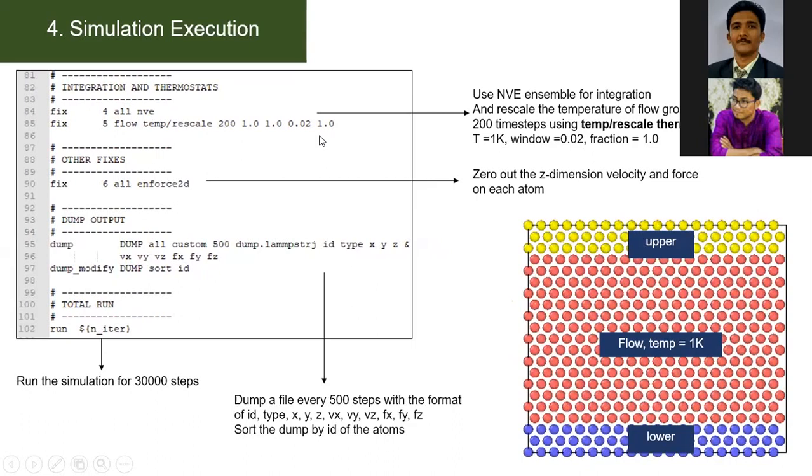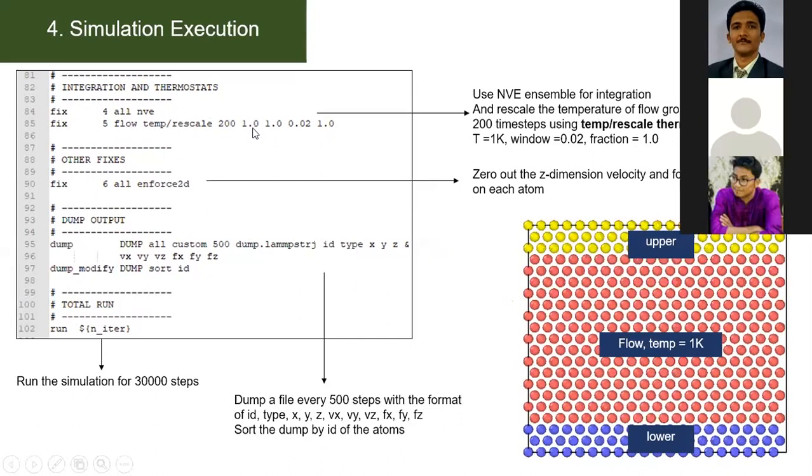So that is the window value. And the fraction value is how much it can change, up to 1. So suppose 1 is here and it somehow reduced to 0 for some reason, we don't know, then it can change its value to 1. I mean, it can change its total fractional value to 1 and recalculate it. So that is the total meaning of this thermostat.